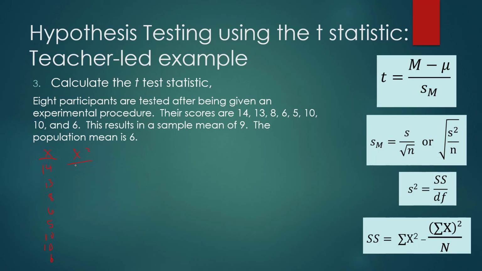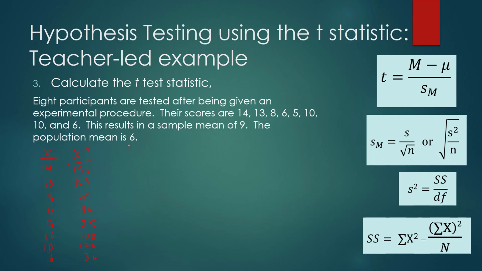So 14 squared is going to be 196. 13 squared is going to be 169. 8 squared is going to be 64. 6 squared is 36. 5 squared is 25. 10 squared is 100. And 6 squared is 36.